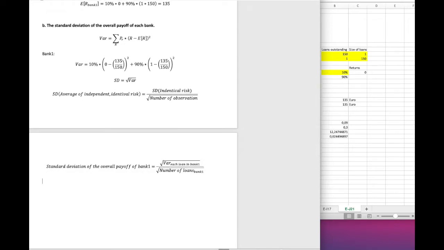So the overall standard deviation for bank 1 was then found to be this.